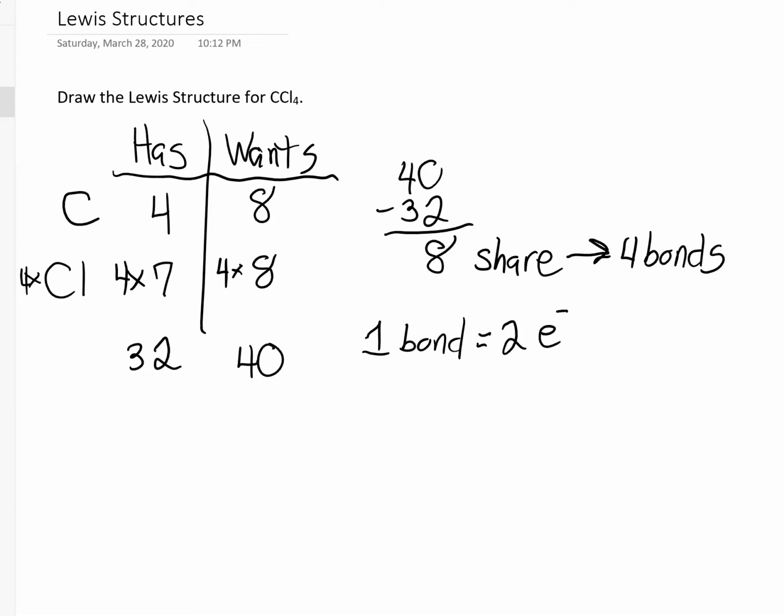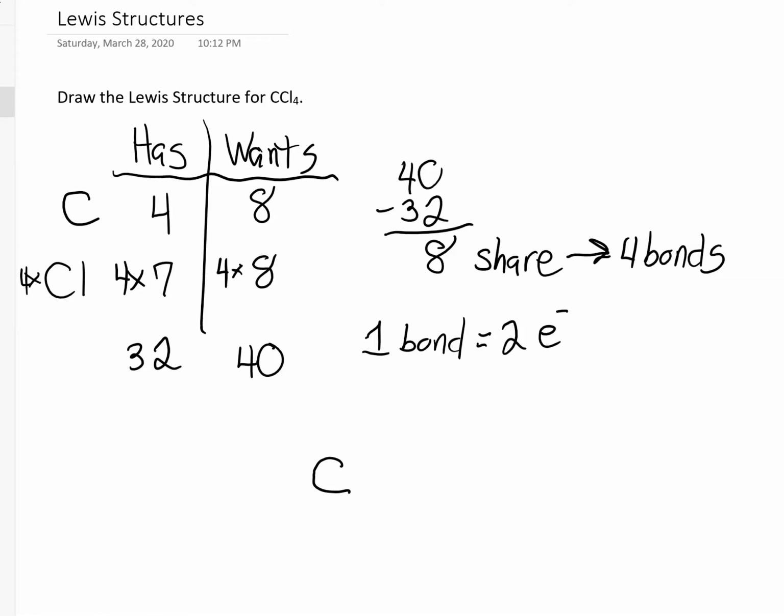The next step is to pick an element to be the central atom. And we've got 2 choices, carbon or chlorine. When picking a central atom, we always pick the least electronegative element. In this case, carbon. Carbon's the least electronegative, so it's going to be the central element.